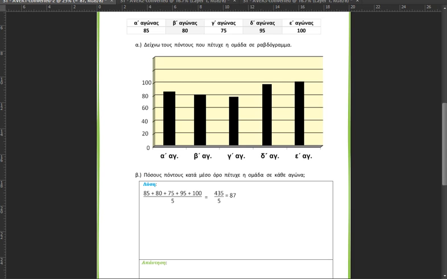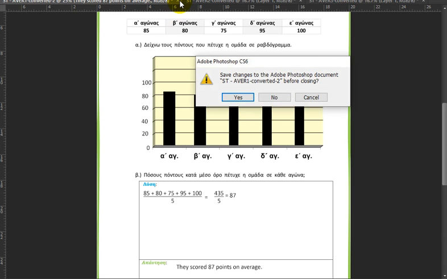I would get 87. So they scored 87 points on average. And there you go. That's the second exercise. Let's move on to the third exercise.